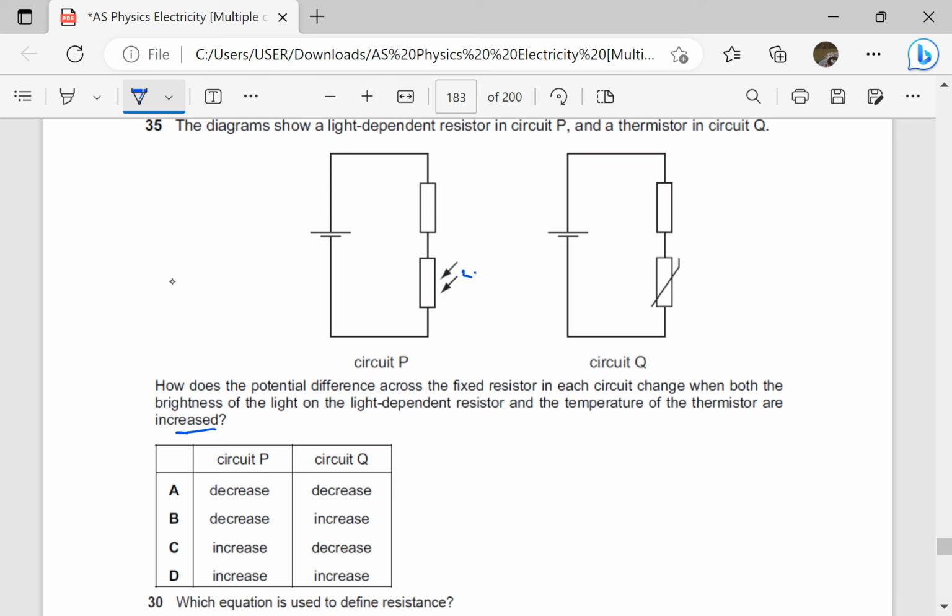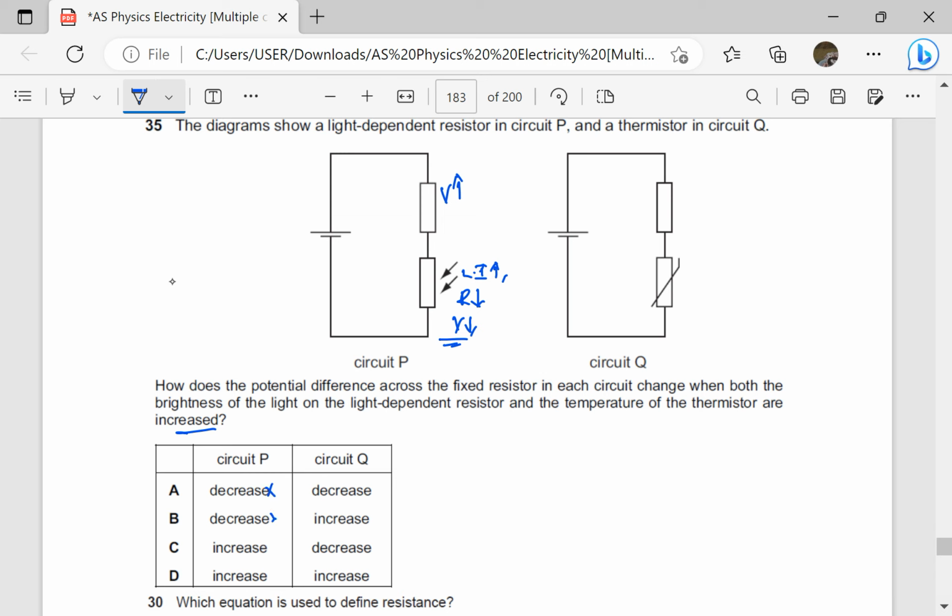If light intensity is increased here, it means the resistance here decreases, which means the PD here decreases. And if the PD here decreases, it means the PD here increases. So in circuit P, because they want how does the PD across the fixed resistor change, in P, it increases. So we ignore these ones which are saying decreases.